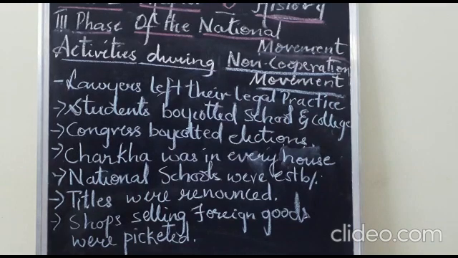So let's take a quick recap of what were the activities. The lawyers left their legal practice. Students boycotted schools and colleges. Congress boycotted the election. Charkha was in every household, which became the symbol of the day. National schools were established, such as Jamia Millia Islamia, Kashi Vidyapith, Bihar Vidyapith, and Gujarat Vidyapith. The titles which were conferred on Gandhiji and other leaders, including Rabindranath Tagore, were renounced and given back to the British.